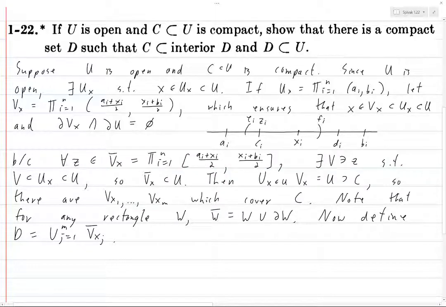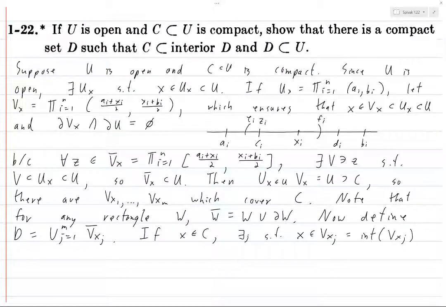Alright, so we want to prove that C is in the interior of D. So if X is in C, then there exists a j such that X is in Vxj. And this is precisely the interior of Vxj. But Vxj is a subset of the closure of Vxj. So the interior of Vxj will be contained in the interior of the closure of Vxj.